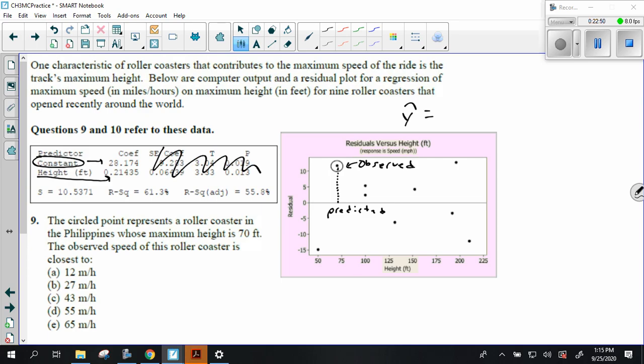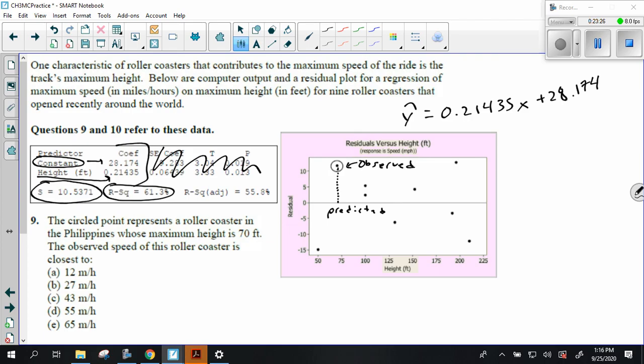The only thing that we need currently are this and that, and those values. So we're going to go ahead and use those values to write the least squares regression line: 21.435x plus 28.174. All right, let's go ahead and plug 70 in there and get an answer.